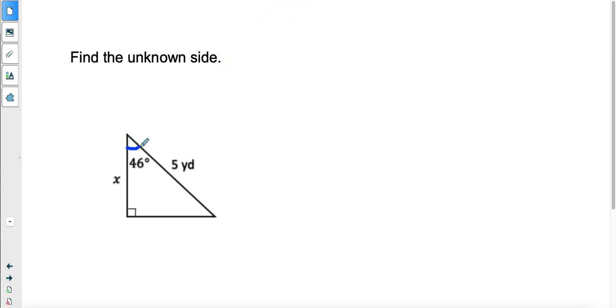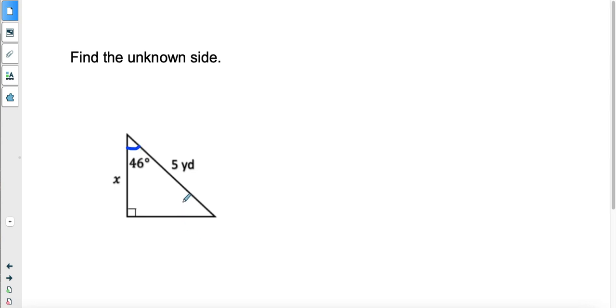What I can do is label the sides of my triangle. The reason I want to label the sides of my triangle is because it will help me figure out what formula I need to use next. Okay, so I'm going to start by labeling the sides. I have my angle here, 46 degrees.